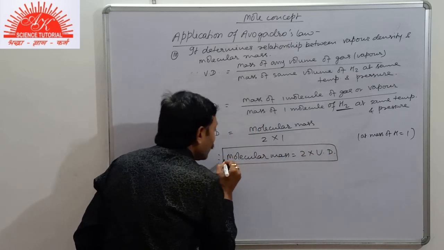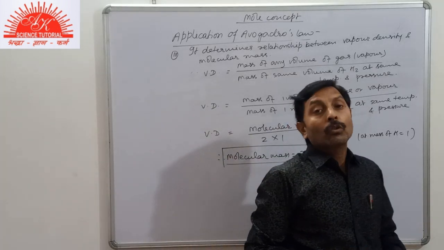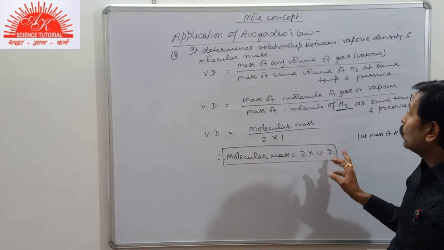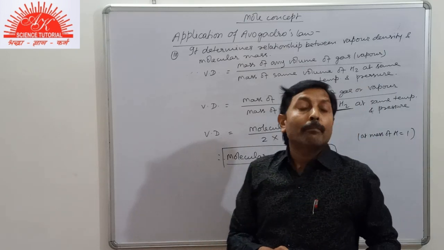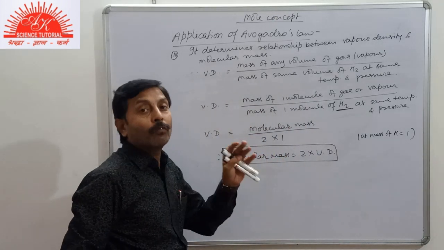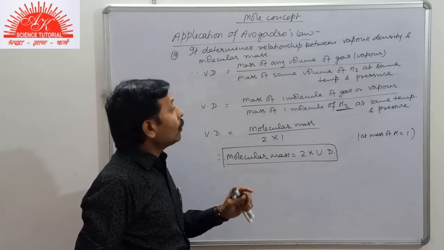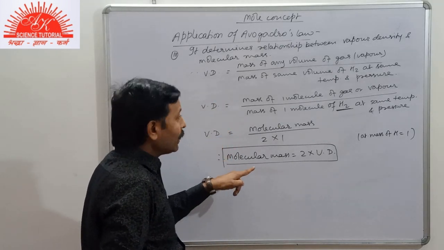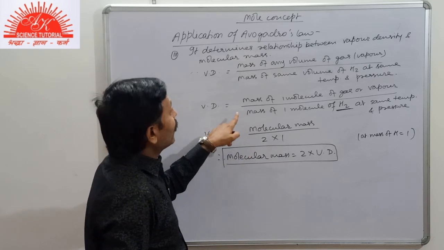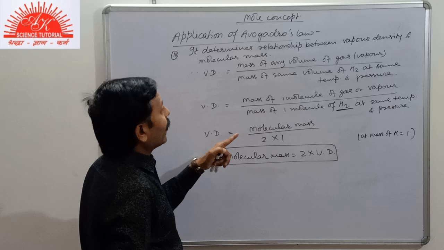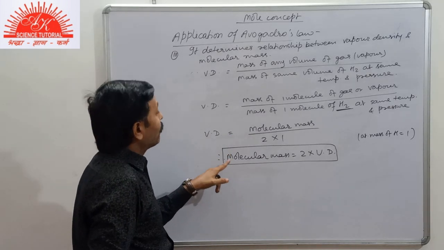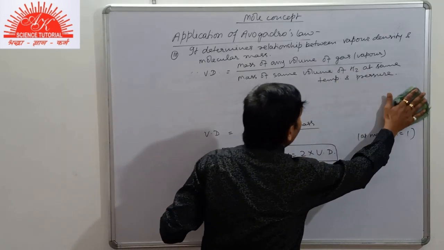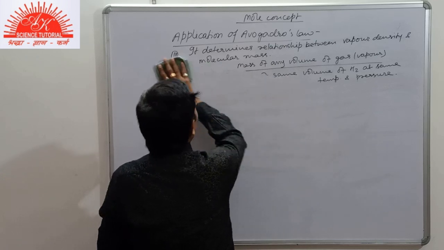This is the actual relationship. So molecular mass equals 2 times vapor density, or vapor density is half of molecular mass. In any question, if you are given the vapor density, you can find the molecular mass, or if the molecular mass is given, you can find the vapor density of the gas or vapor. This is one of the important applications of Avogadro's law.